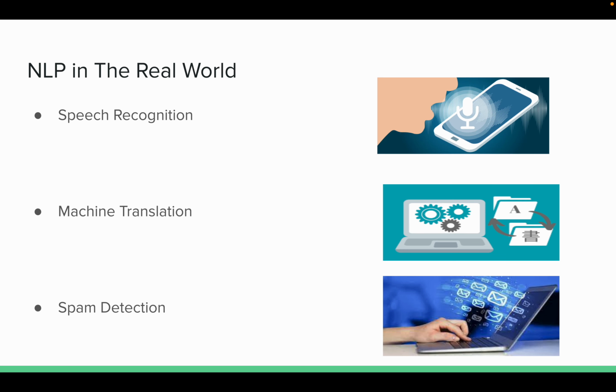Where are we using natural language processing in the entire world? The first thing is speech recognition. I think it is present in almost all phones around the world. They already have different versions. Apple has developed its own, that is Siri, and Google has developed Google Assistant.